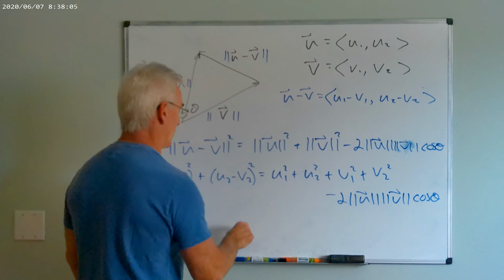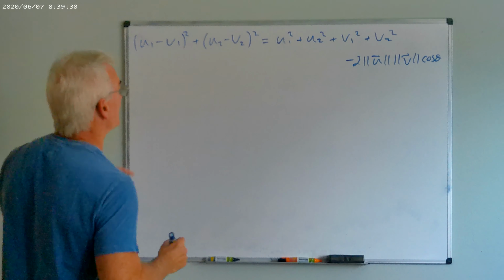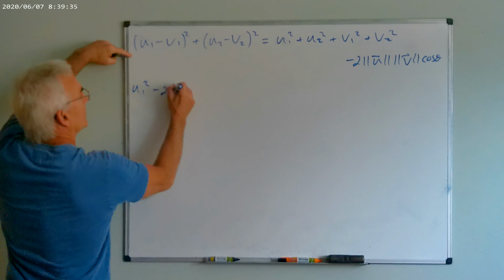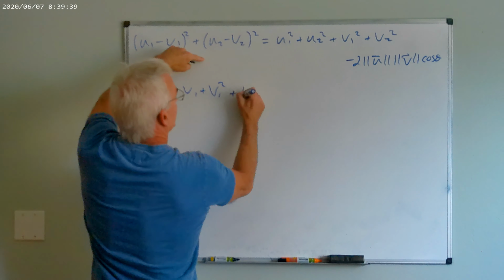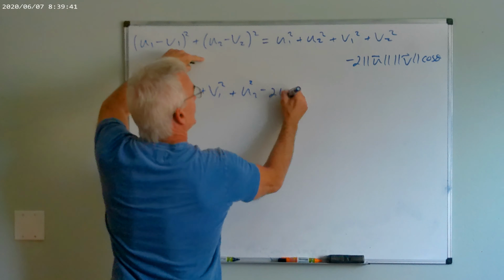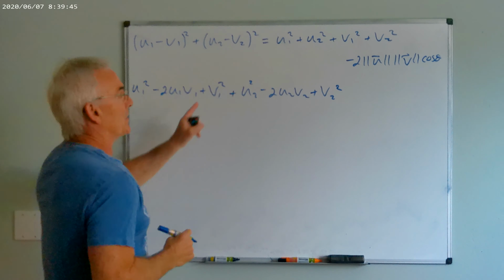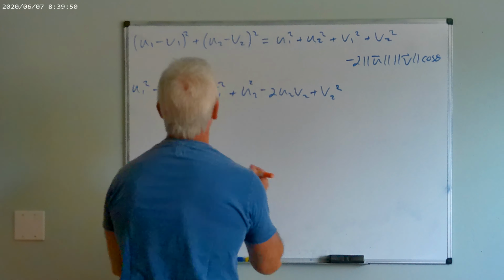Okay, so now we want to expand this quantity and see where that gets us. Now if we expand the left side here, we're going to get u1 squared minus 2u1 v1 plus v1 squared plus u2 squared minus 2u2 v2 plus v2 squared. Now we've already got the right side expanded, and you notice we're going to get a lot of cancellation here.